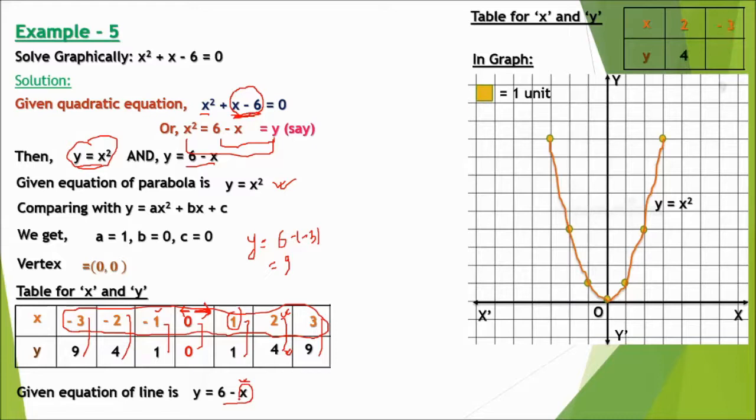So we plot 2 comma 4 and minus 3 comma 9. Use the scale and draw the line. This is the y equal to 6 minus x line. We can clearly see the parabola and line intersect or meet at these 2 points, 2 comma 4 and minus 3 comma 9.